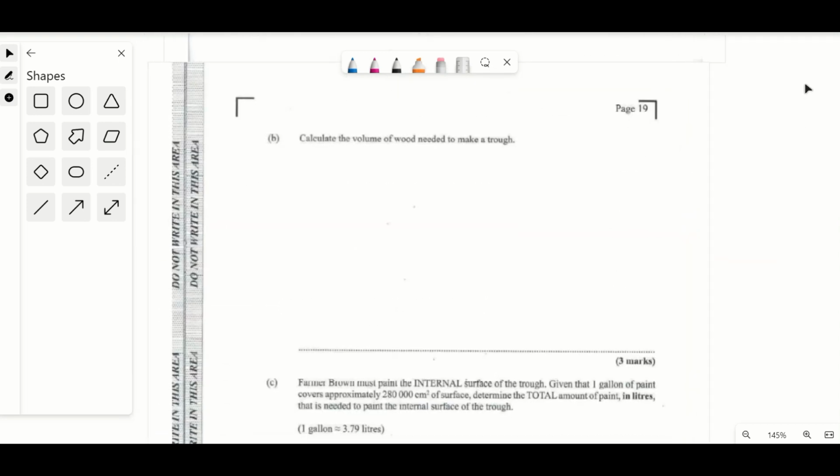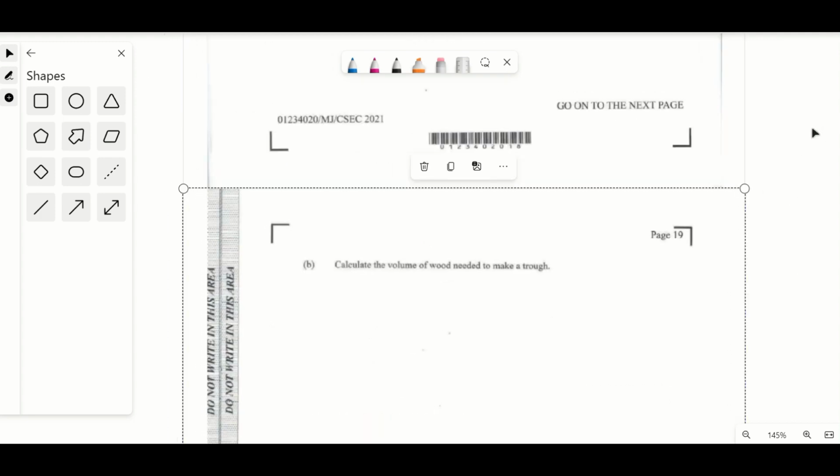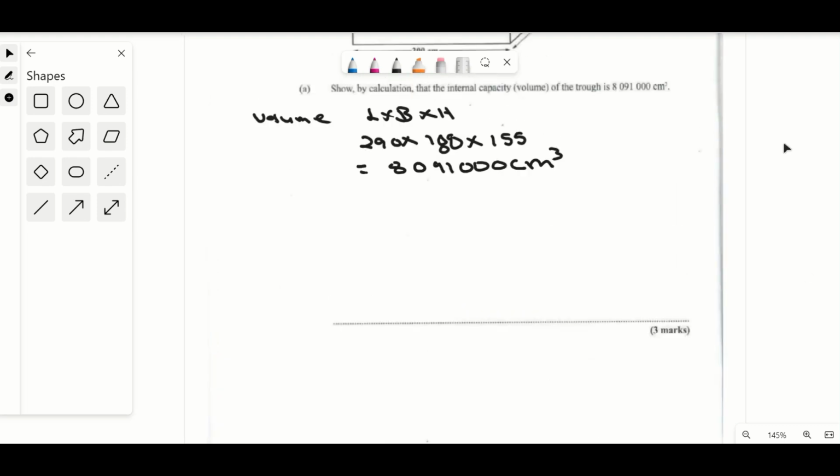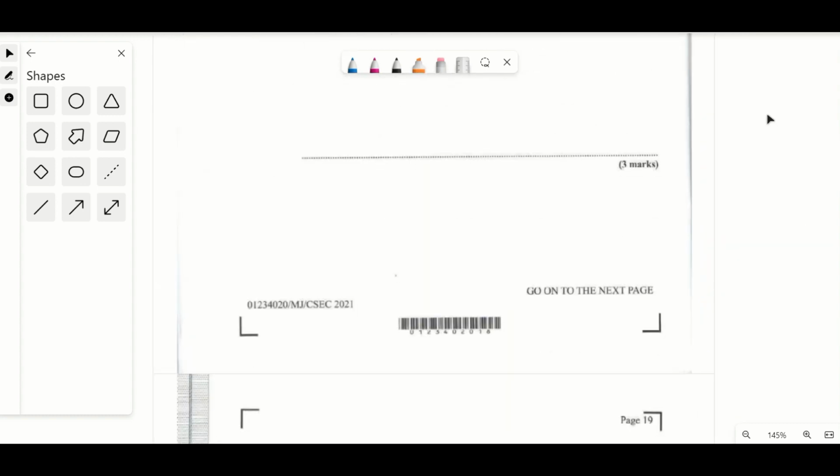Then they said calculate the volume of wood needed to make the truss. So we already know that your internal is 8,091,000. We have to find out what is the external and then subtract the two.